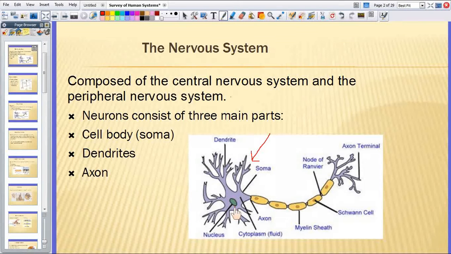The soma also interprets the information that comes in from the dendrites. The dendrites collect electrical information from nearby neurons. It's sent into the soma, which integrates it and sends it out to nearby neurons through the axon. Those are the main parts of the neuron. We'll talk about the other smaller parts in upcoming slides.